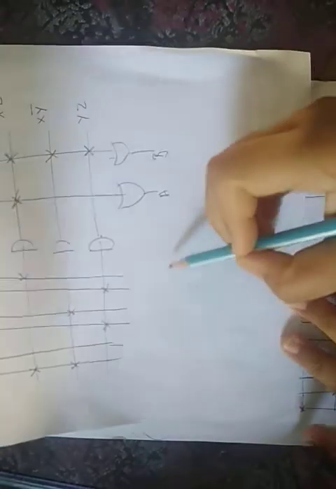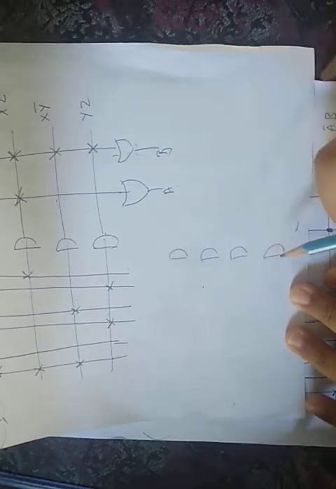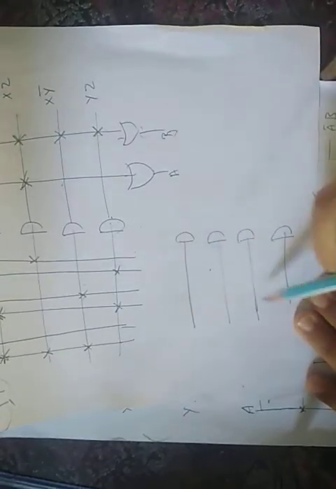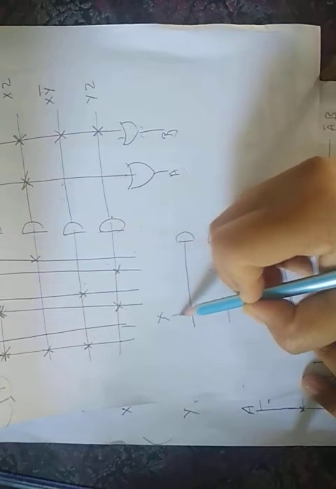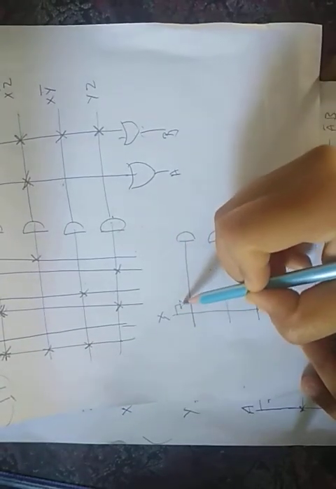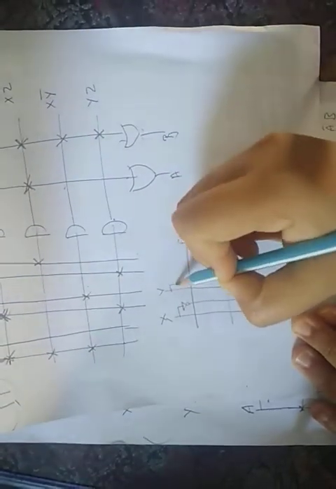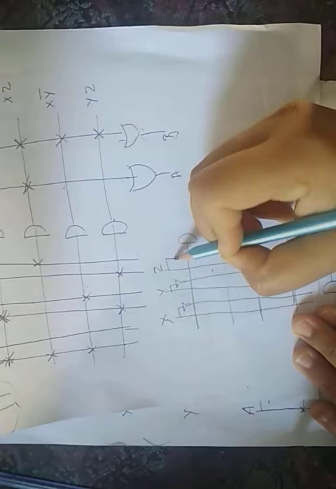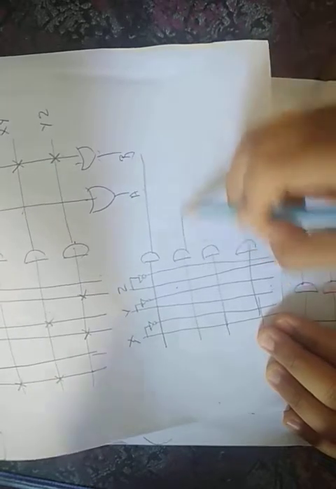General structure of PLA will be like this. For example, I am showing a general structure. X, put one NOT gate, again Y, put one NOT gate, again Z. Okay, I'll take some values like this.